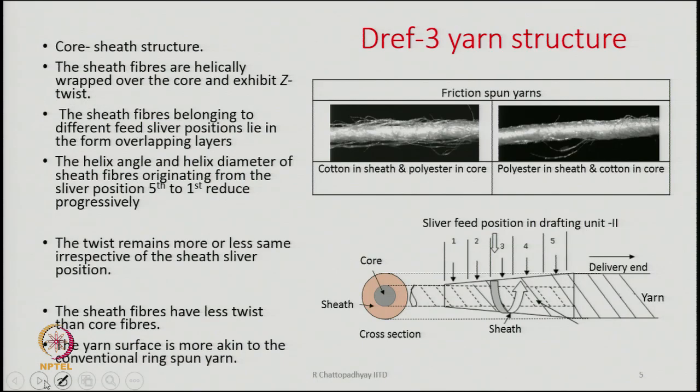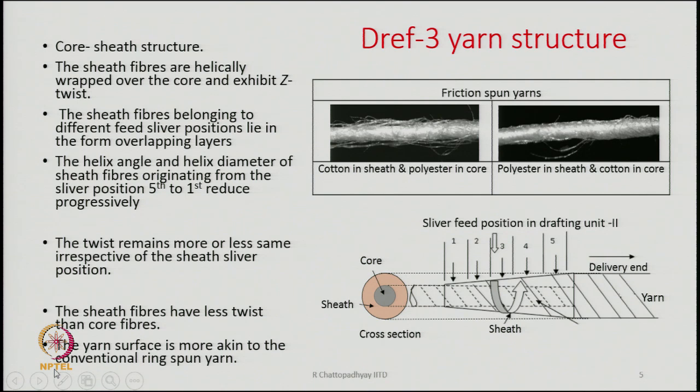That is, they have given the yarn a heat treatment, and through that maybe some kind of bonding is created between the filament and the staple fibers. In some situations it may work.